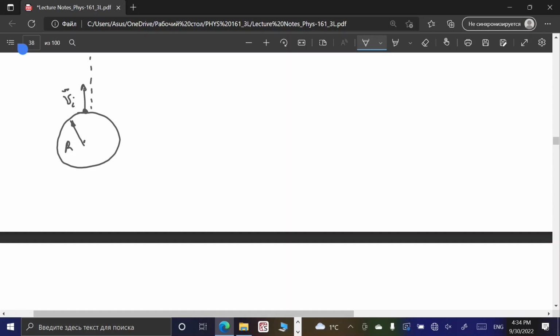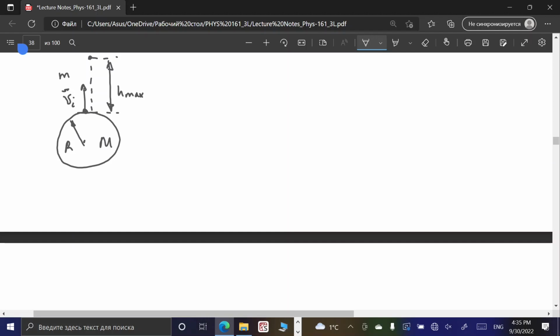It moves up to a certain height with respect to the surface of the planet. This is h, let's call it h maximum, the maximum height it can reach. Capital M is the mass of the planet, small m is the mass of the projectile.